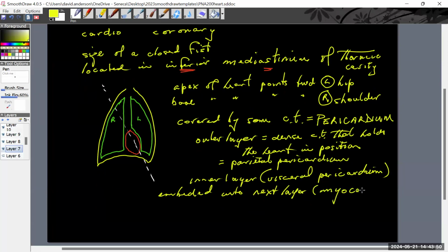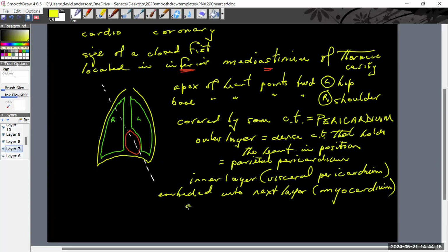So that tells you what tissue you can expect to find: myocardium. And this visceral or inner layer of the pericardium is sometimes called an epicardium as well. You might see it called an epicardium.